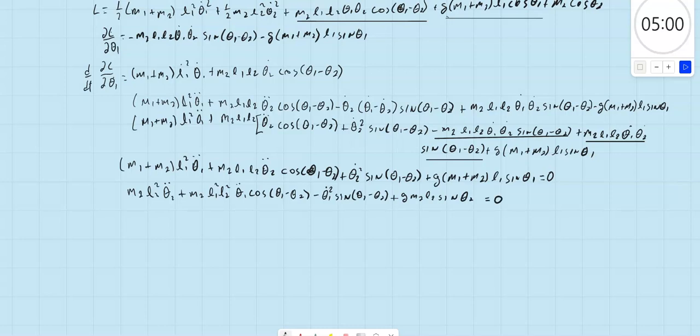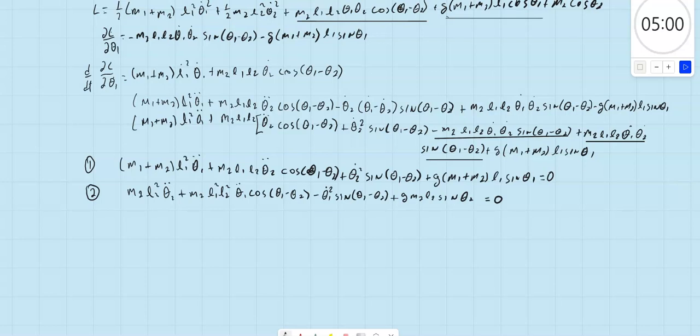So this will be my first equation of motion. This will be my second equation of motion. And it's basically the same thing. I mean, just find your Lagrangian, find your partial with respect to theta 2, okay?